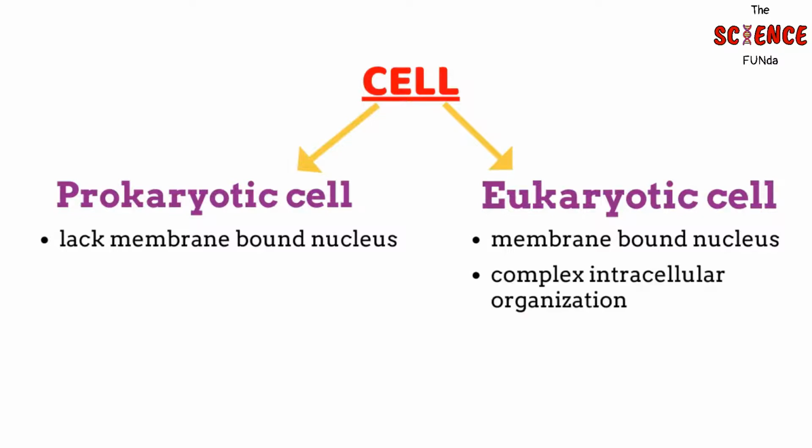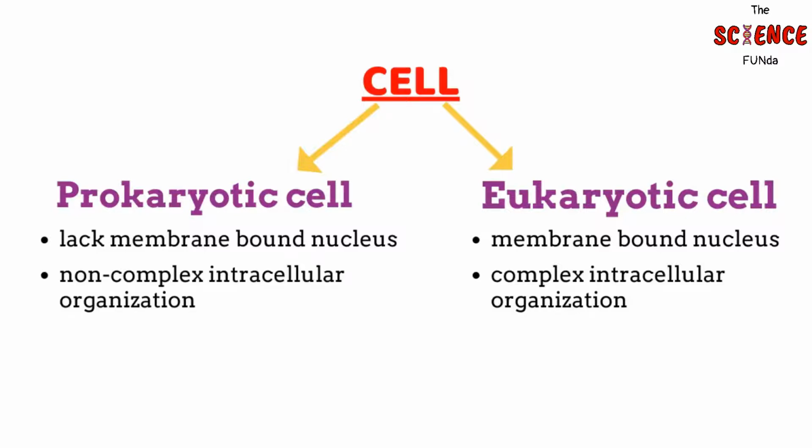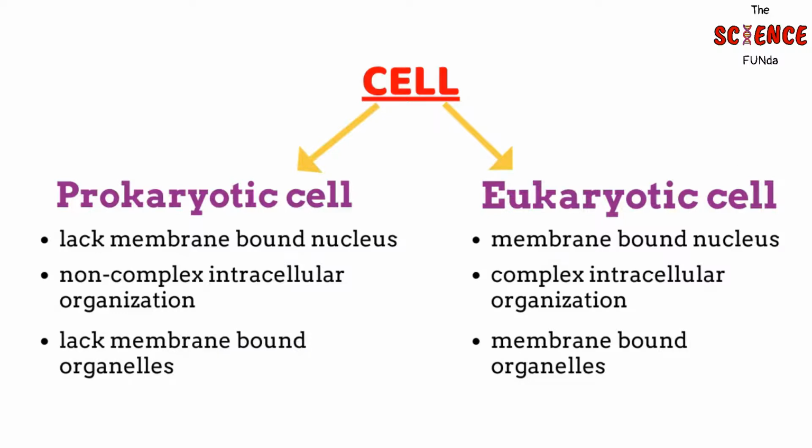Eukaryotic cells have a much more complex intracellular organization with internal membranes as compared to prokaryotic cells. Besides the nucleus, the eukaryotic cells have other membrane-bound organelles like the endoplasmic reticulum, Golgi complex, lysosomes, mitochondria, microbodies and vacuoles. The prokaryotic cells lack such unit membrane-bound organelles.